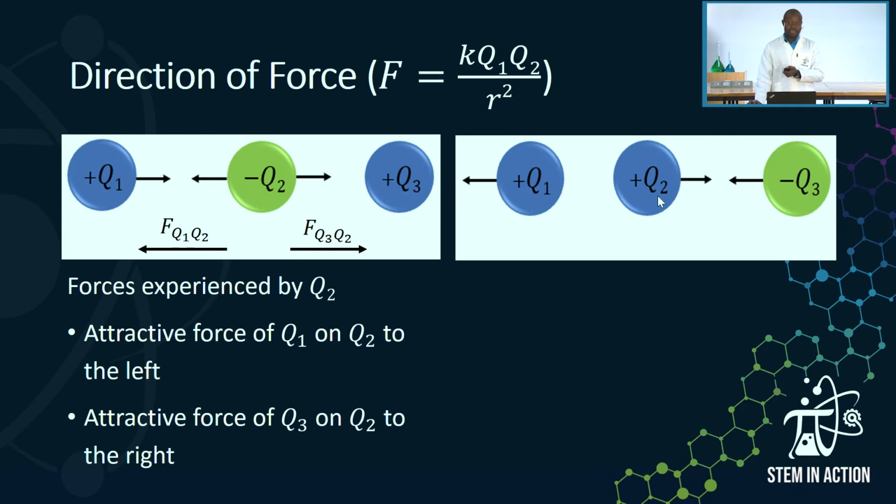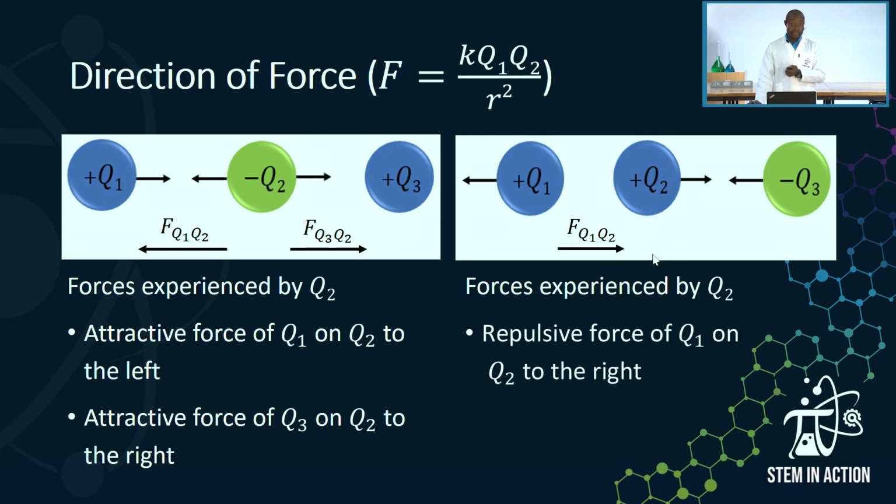This is a different scenario. We have a positive charge surrounded by two charges that are dissimilar to itself, a positive charge and a negative charge. The first force that Q2 experiences is a repulsion force to the right.